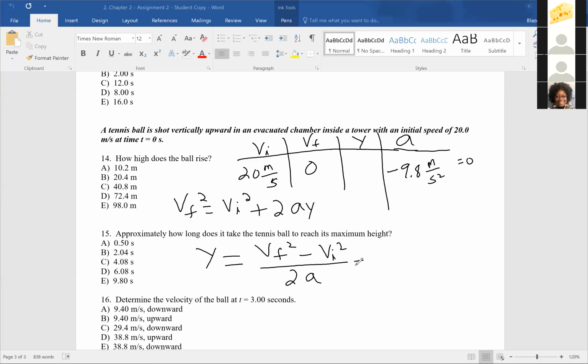So now I'm ready to plug in my values. v final is 0. So 0 minus v initial. v initial is 20. And 20 squared will give me 400 meters squared per second squared.